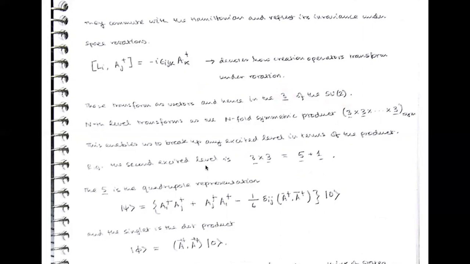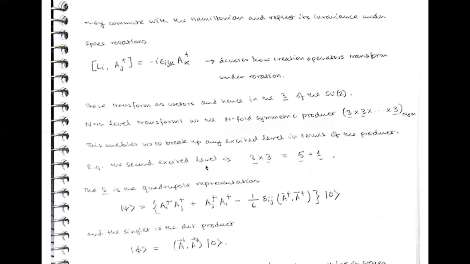Now, this was only at the first level, and you can do this to any nth level. And this is where group theory becomes extremely useful. At the nth level, the states are going to transform as the n-fold symmetric product of this.